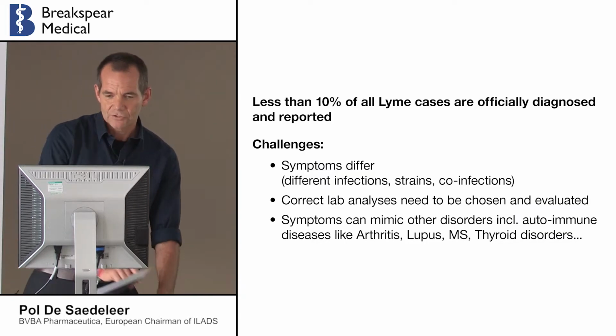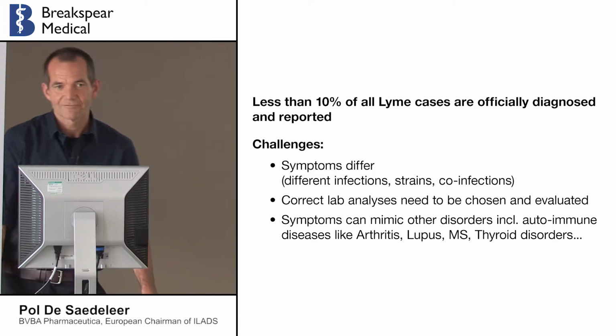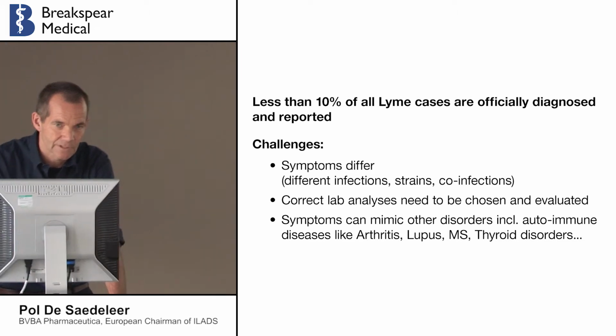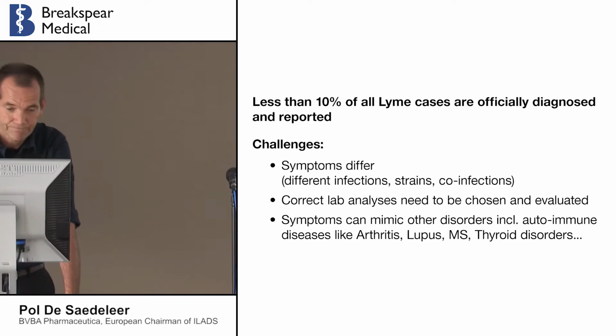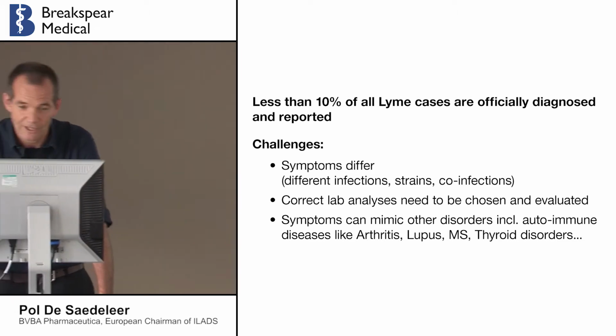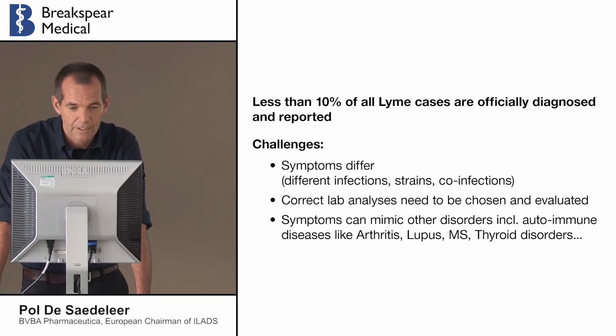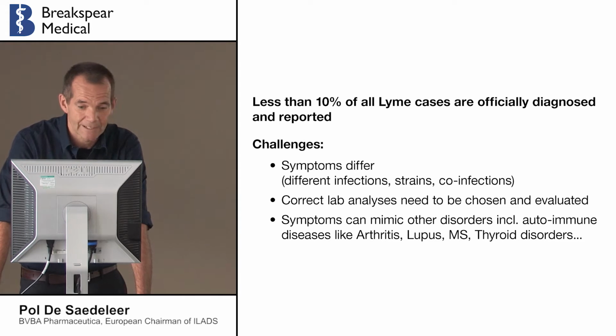Less than 10% of all multi-infectious cases are officially reported and diagnosed. It's often difficult because symptoms can be different. You can have different infections, different strains, even different co-infections. We need to choose the correct lab analysis.